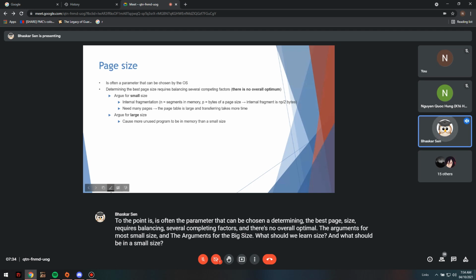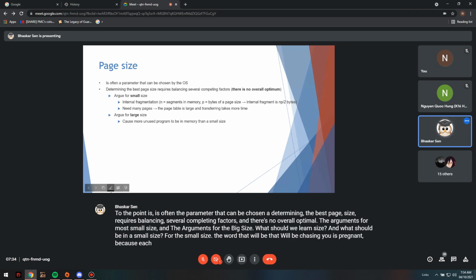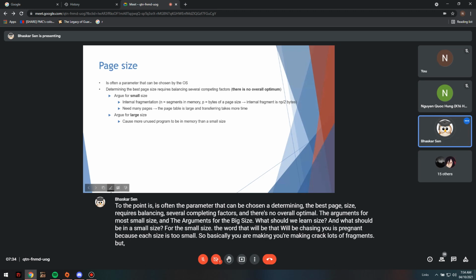For the small size, the word that will keep chasing you is fragmentation, because the page size is too small. So basically, you're making lots of fragments.